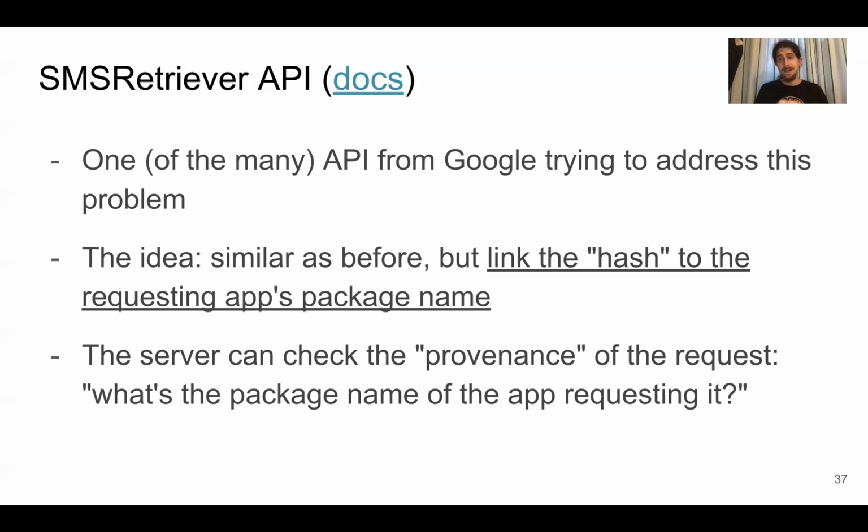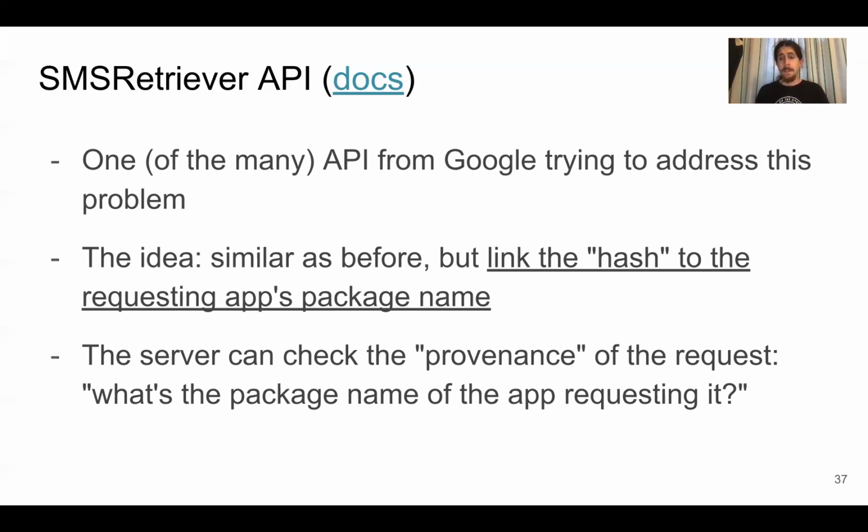This hash is going to be some kind of random hash, but it's going to store the fact that the requesting app for this hash was WhatsApp, the WhatsApp package name. If you had a malicious app, now it doesn't work anymore, in the sense that if you get a hash, the hash is going to contain information that this was requested by an application with package name attacker.evil.